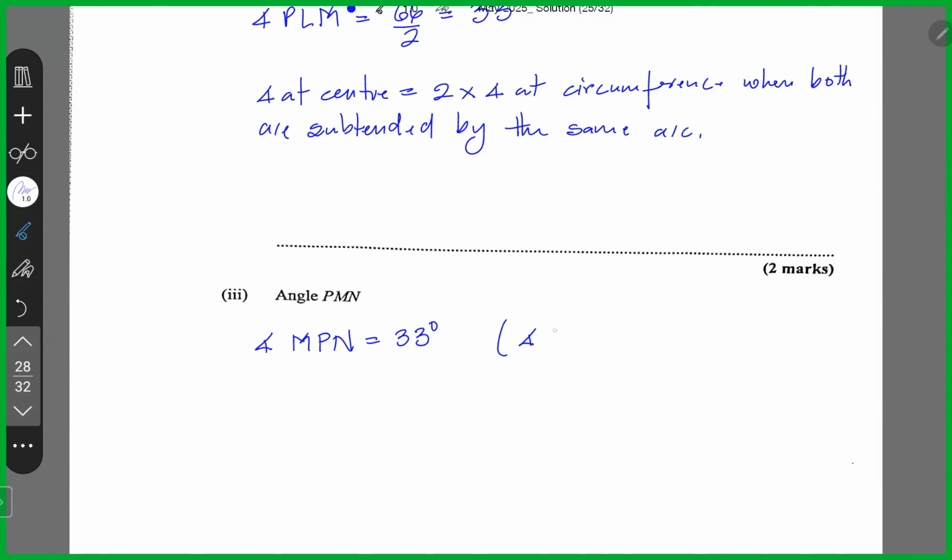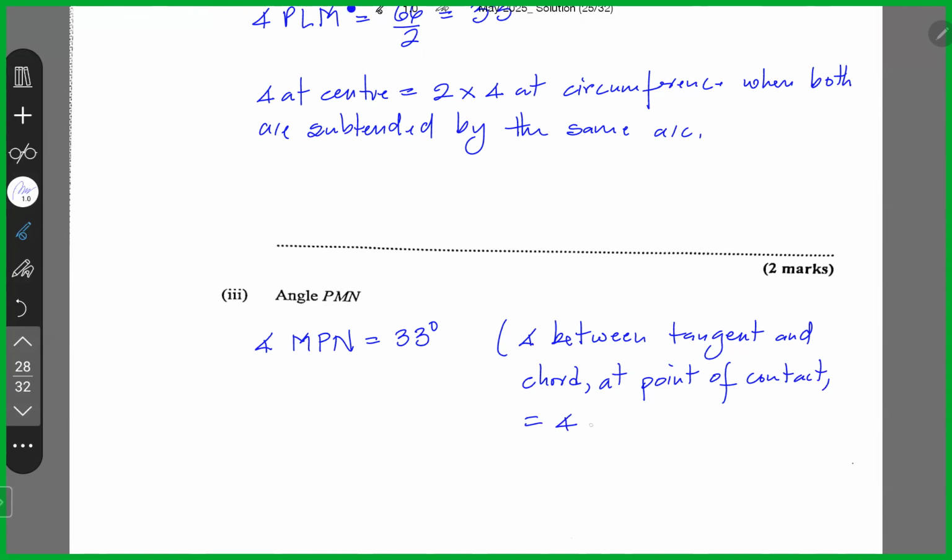The angle between tangent and chord at point of contact is equal to angle in alternate segment.